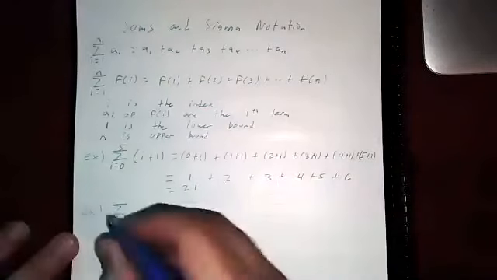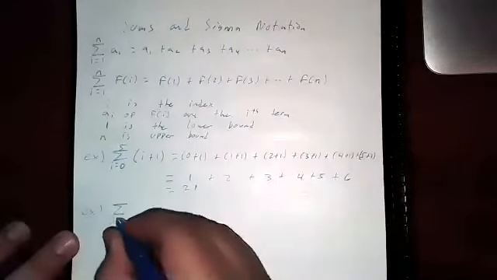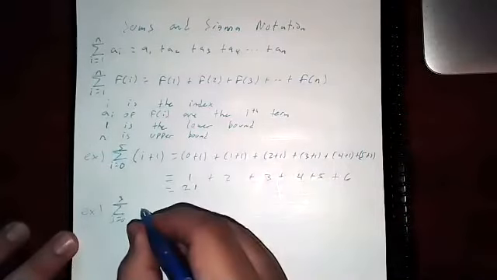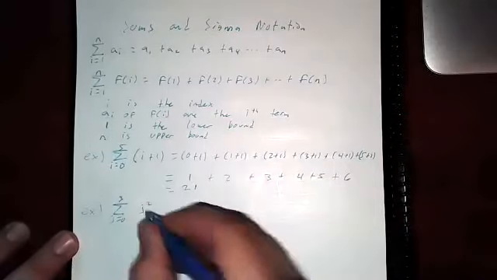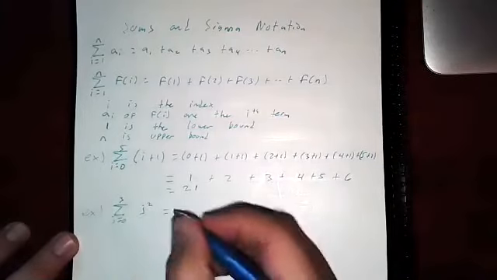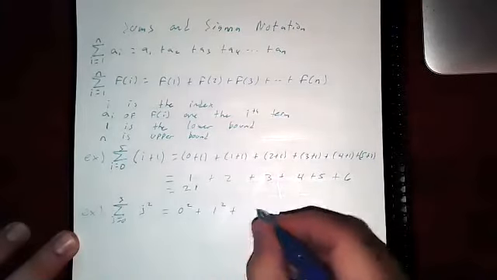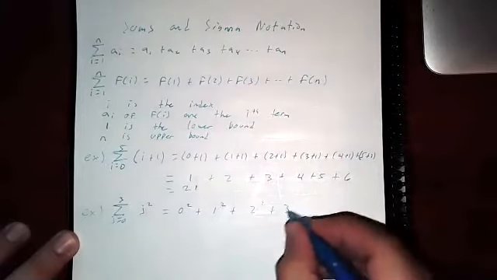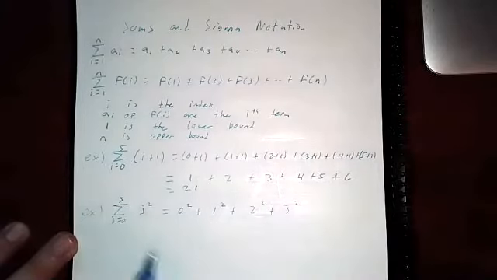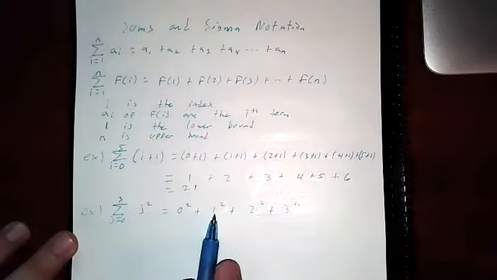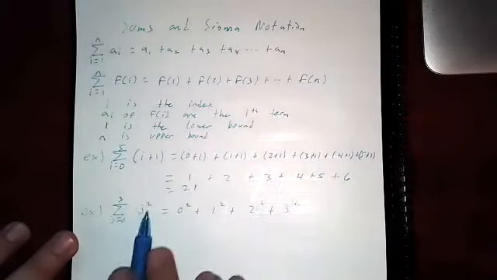Like for example, it could be j equals 0 to 3 of j squared. So that would be 0 squared plus 1 squared plus 2 squared plus 3 squared. So this is increments of 1, but the operation is whatever's in here, right?